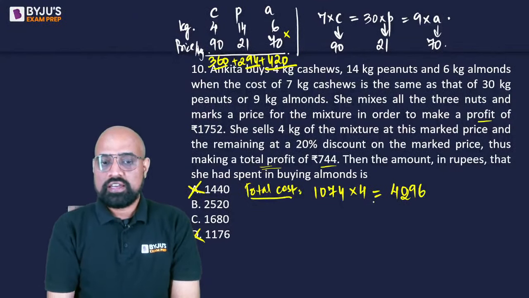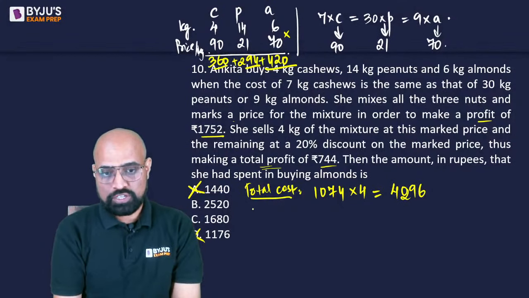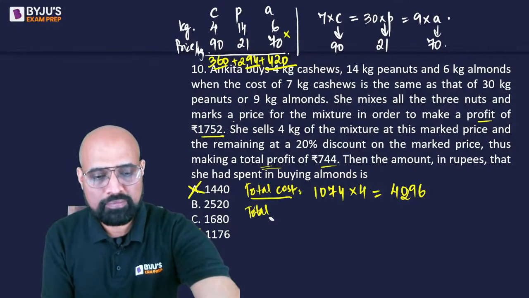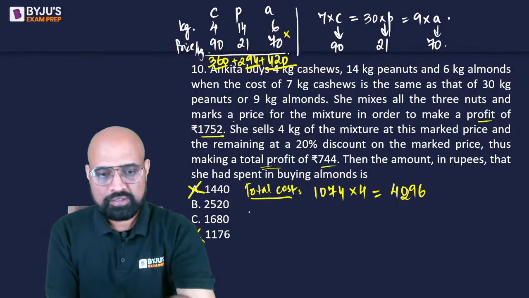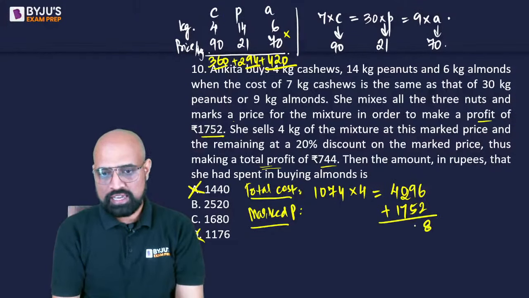Okay. Now she marks the price in order to make a profit of 1752. So the mark price is going to be the cost plus 1752.